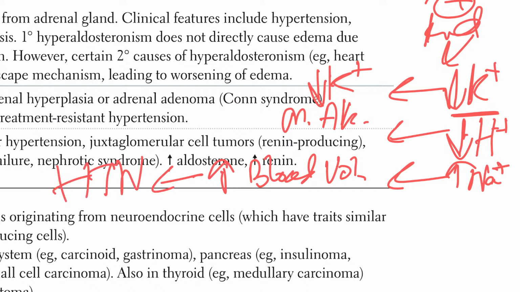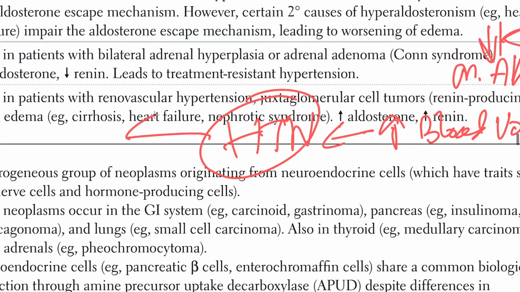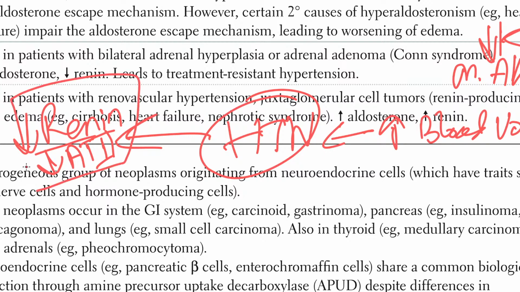And that hypertension, now what's going to happen is that your renin, so a couple things. Your hypertension is going to cause decrease in renin release, and that renin will decrease your angiotensin 2 activation. So decrease in renin and decrease in angiotensin 2, right?